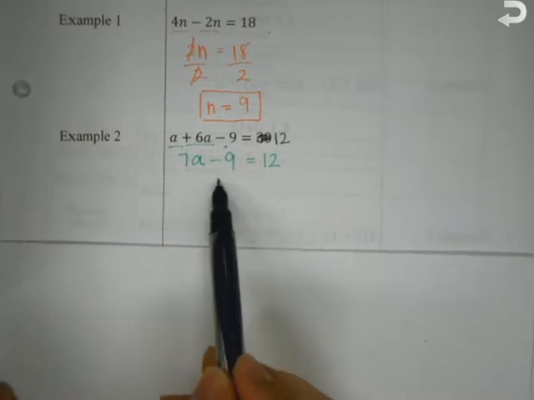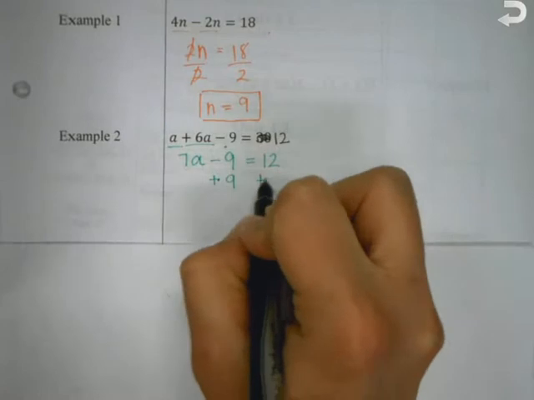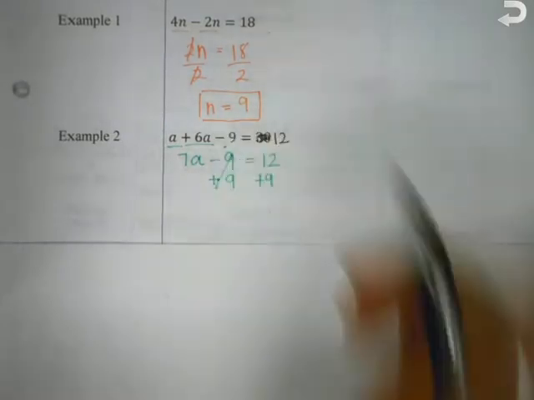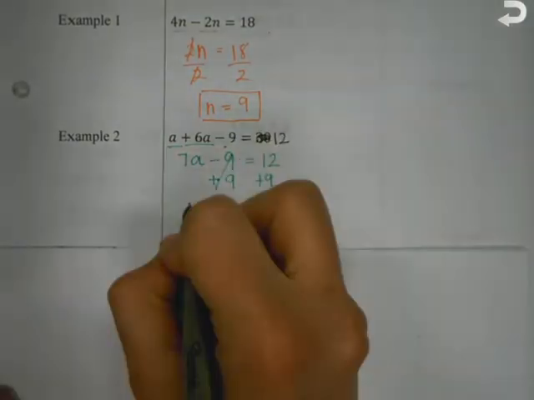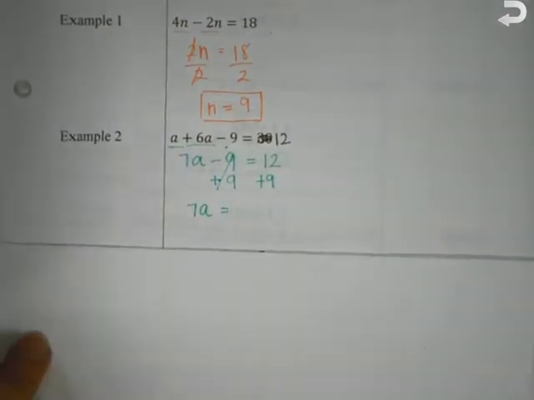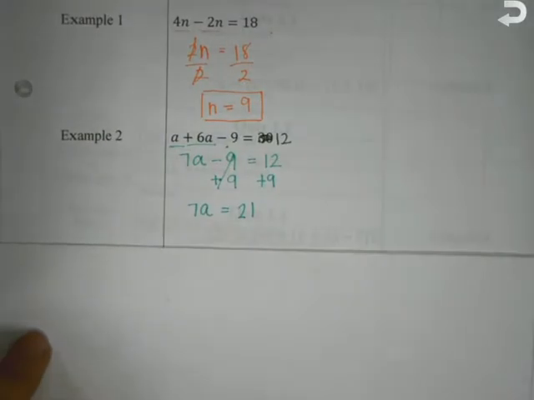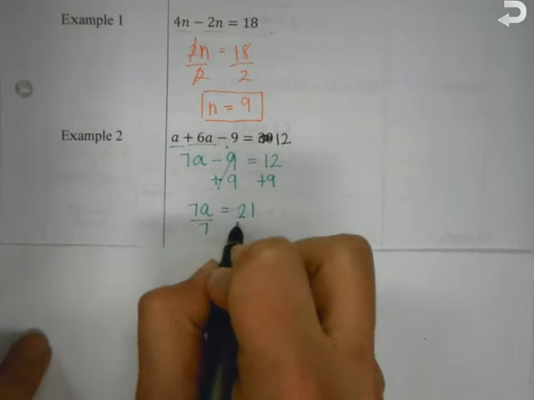Add 9. So those cancel, and I get 7a equals what? 21. And then I'm going to solve like normal, so what does that give me? Divide by 7. So a equals 3.